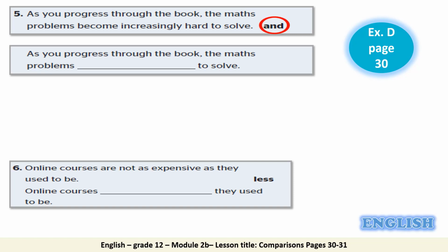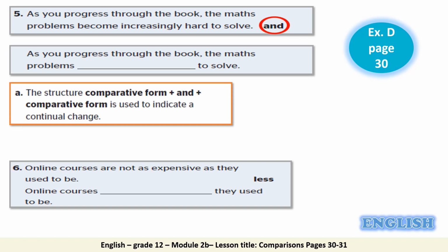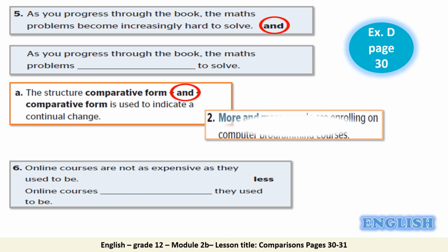And while doing that, this is what we have to keep in mind. So, the right answer for sentence 5 is the following. As you progress through the book, the maths problems become harder and harder to solve.